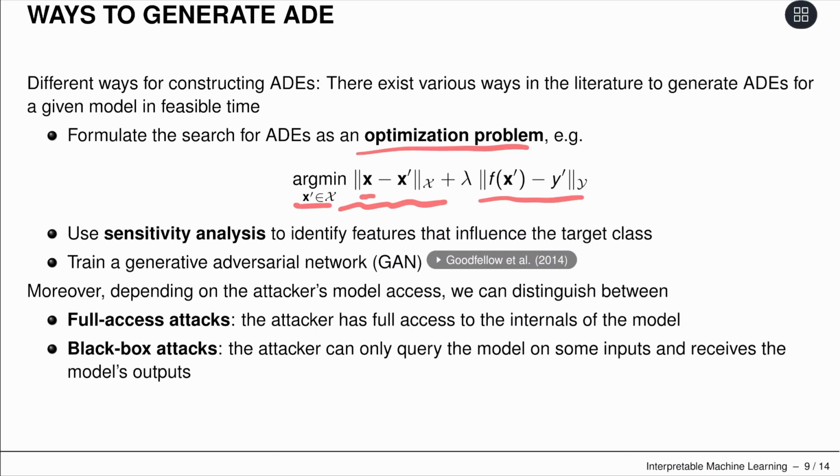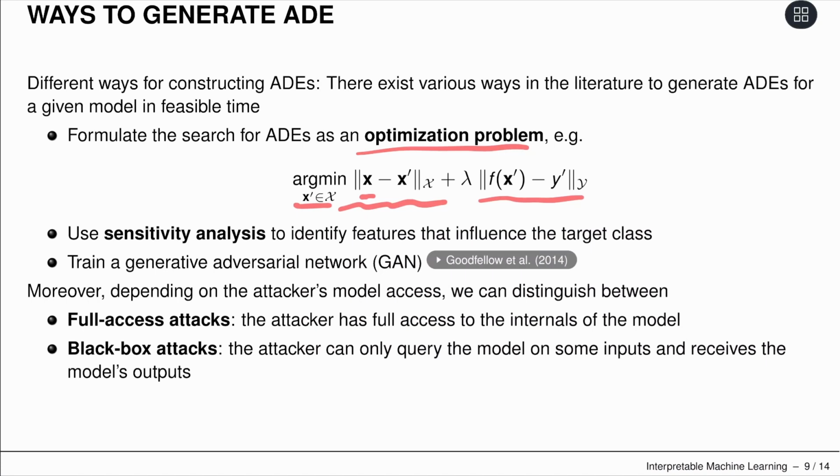Moreover, depending on the attacker's model access, we can distinguish between two different kinds of attacks. The full access attack means the attacker really has all the knowledge about the internals of the model, knows all the weights of a deep neural network, knows the architecture, everything more or less. That makes it much easier, of course, to do an adversarial attack.